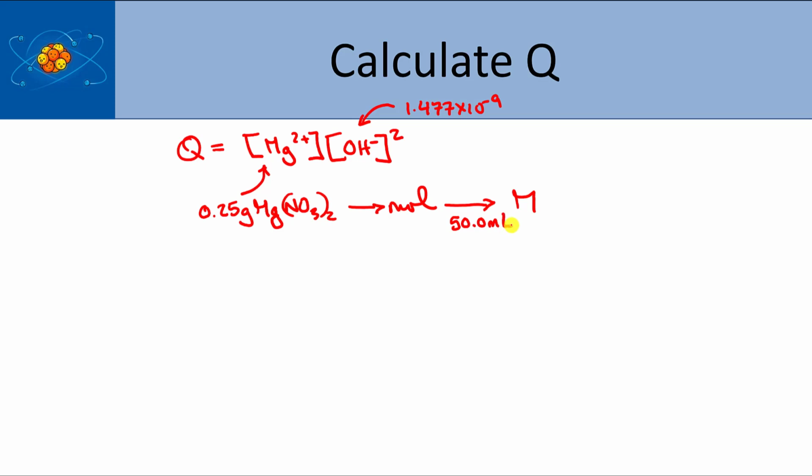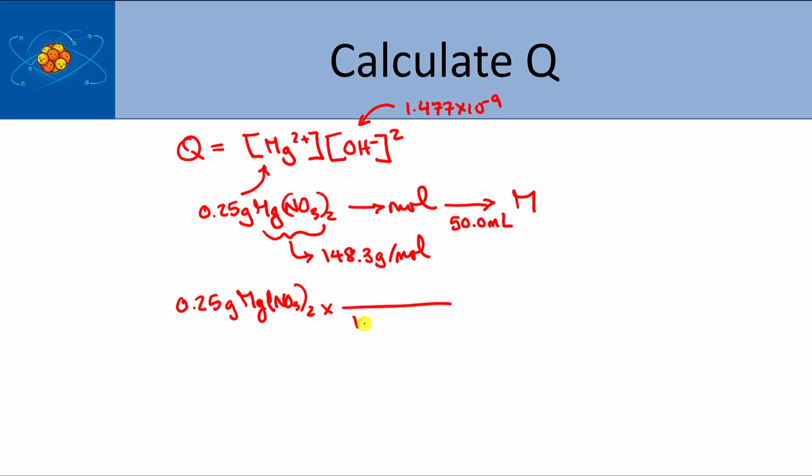So let's go ahead and do our calculation. We can calculate the molar mass, and I'll just be honest with you, use an app. It's 148.3 grams per mole. So 0.25 grams of magnesium nitrate times 1 mole for every 148.3 grams.